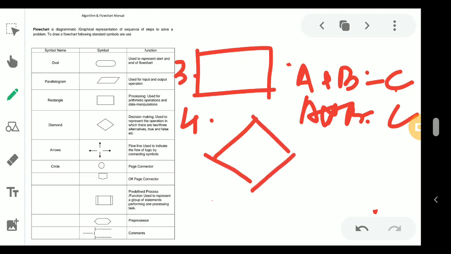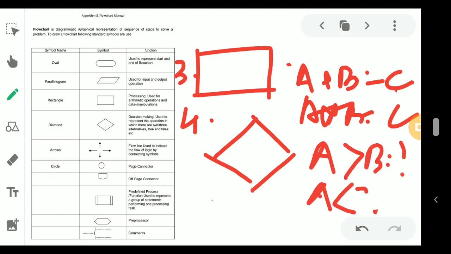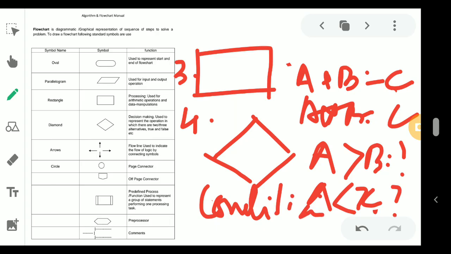The diamond shape is for condition checking: is A greater than B or not, is A less than C or not. These are logical operations, greater than, less than, equals to, actually for condition checking. This is the fifth one.